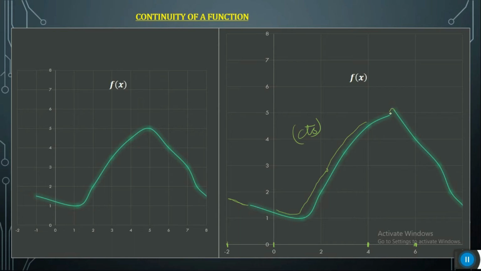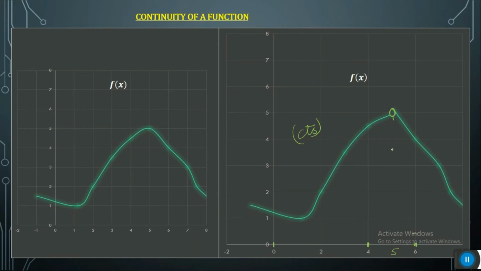Now you can see here there is no value. Let's assume that this is the middle, this value is 5. So you can see at 5 the value is not there with us, and the graph breaks at this place. So then you will say the function is not continuous in the interval 0 to 6, because at 5 there is no value in the graph.